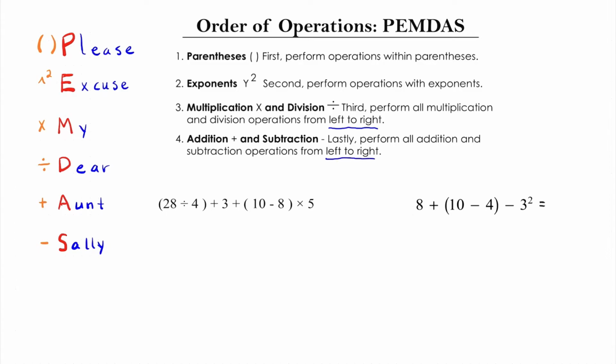Let's work out a couple example problems down here. Looking at our first problem, we're going to perform parentheses first. So we do 28 divided by 4, which gives us 7. I like to write them up above so that I can do all these in one step, but I really want you to do it step by step and then rewrite your problem each time.